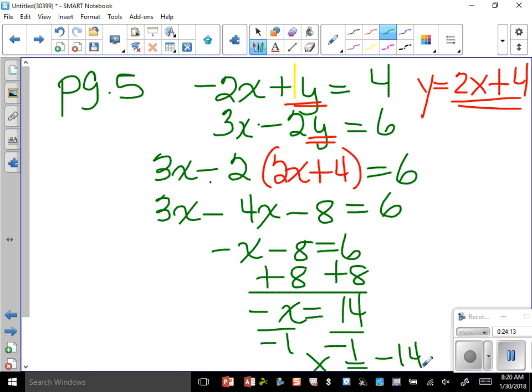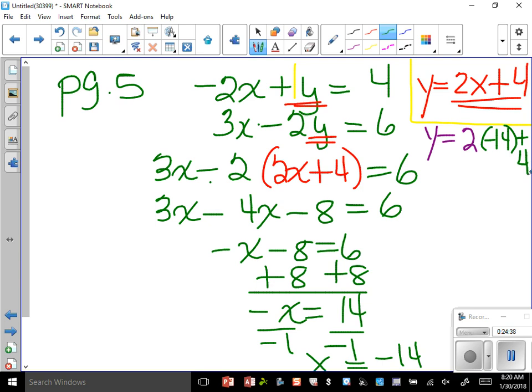So what do I do with that? Here's my step 1 right here. Where x is negative 14, substitute it back in for x. Very good. So I'm going to have y equals 2 times negative 14, plus 4. I'll have to squeeze that in. So 2 times negative 14 is negative 28.